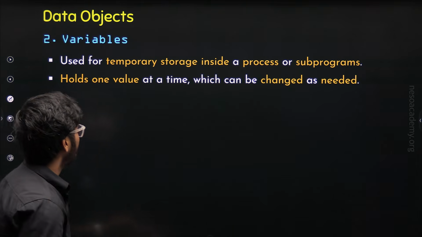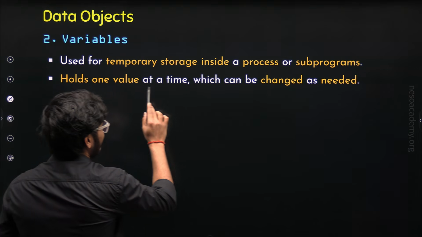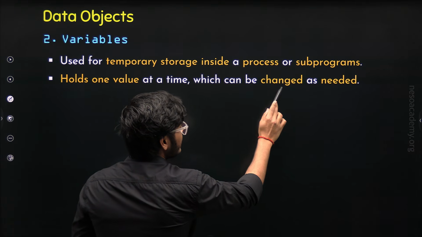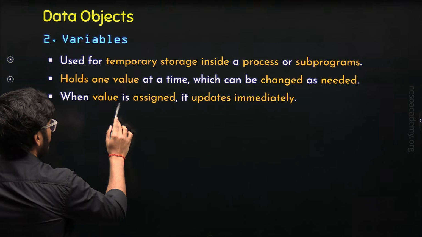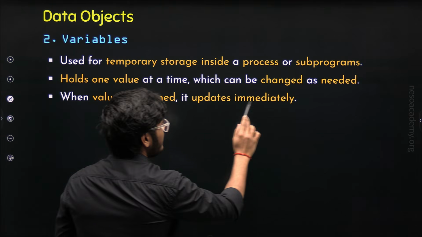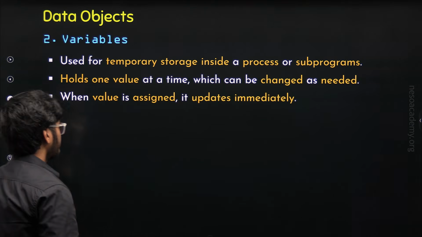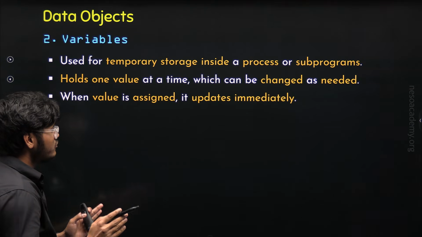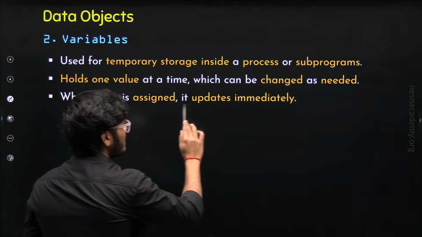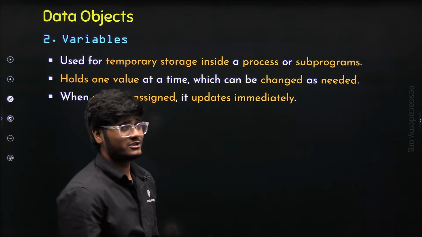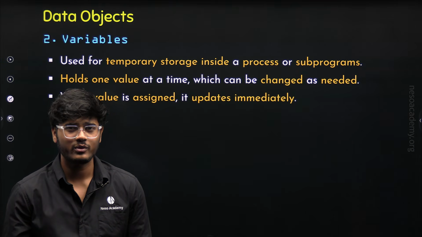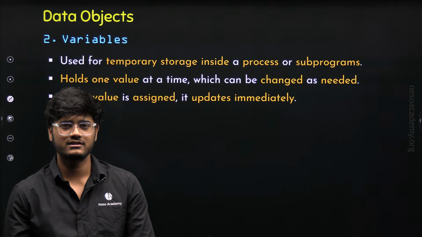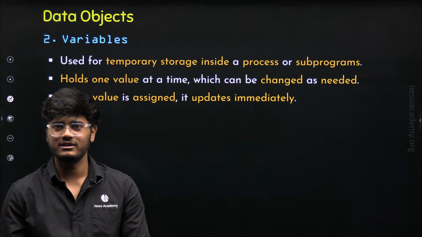So, variables can hold one value at a time, which can be changed whenever we want. And when a value is assigned, it updates immediately. Means, when we assign a new value to a variable, it updates immediately, not like signals, which take a certain delay.